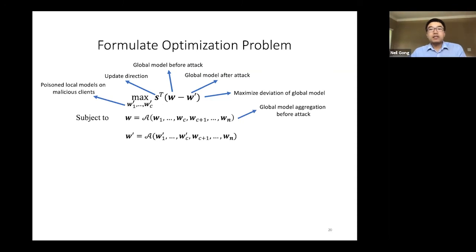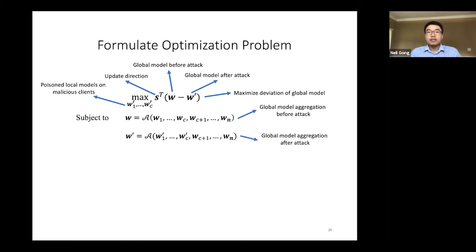This constraint means that the global model W before attack is an aggregation of the local models on the benign clients, where A is an aggregation rule.